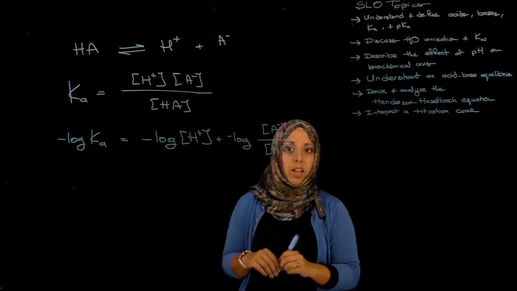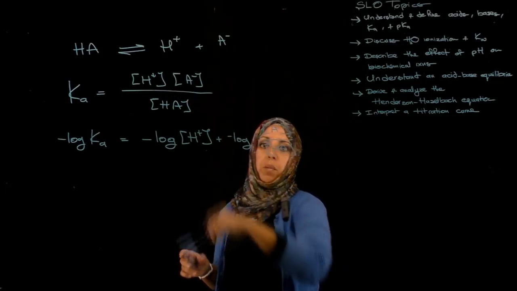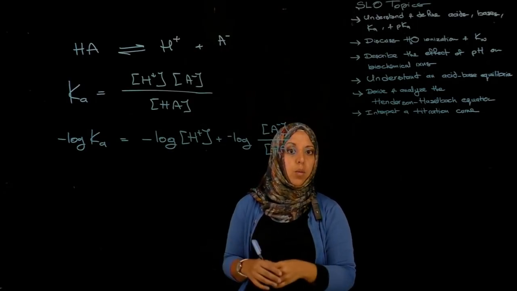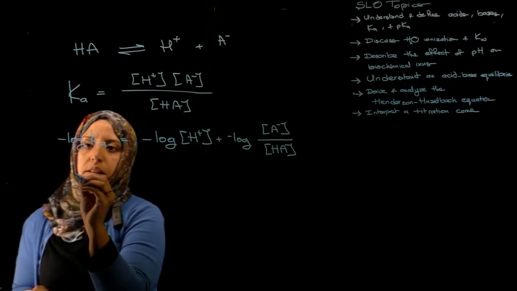All right, so if we take negative the log of both sides, we get that, and we just separated the equilibrium between both. That way, negative the log of the proton concentration is equal to pH. So we're going to solve for pH first.